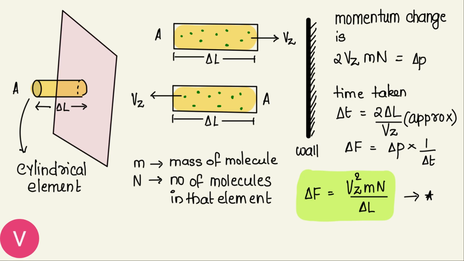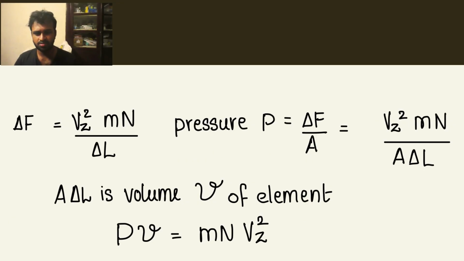Now I will convert this force into pressure and average it to get interesting results. Here are some mathematical manipulations. As I have discussed, delta F is the small elemental force imparted by the cylindrical element. If we divide it by the area of cross section, we get the pressure imparted by that element of gas. So we have the expression of the pressure here, and let's take this cursive V as the volume of the element.